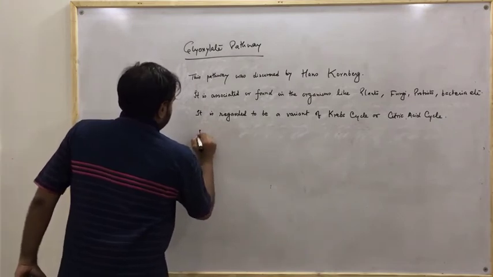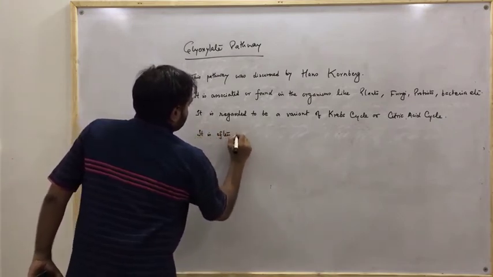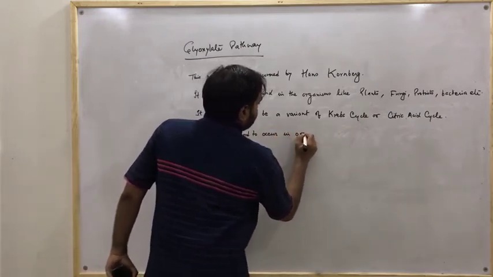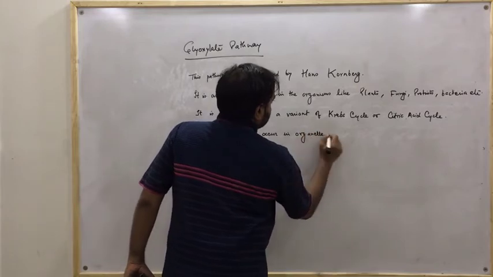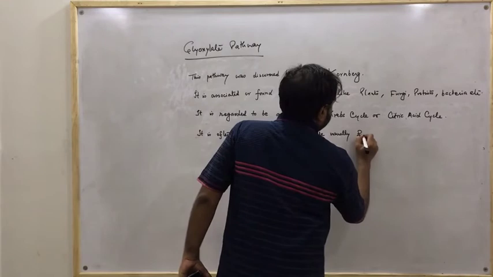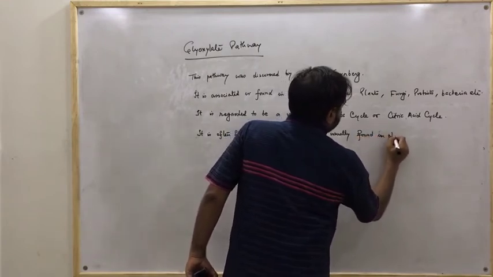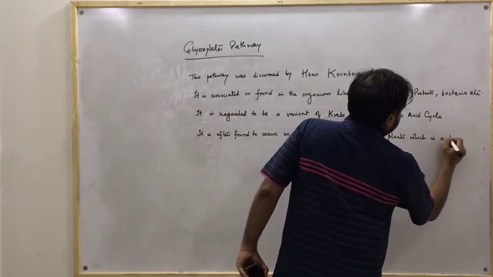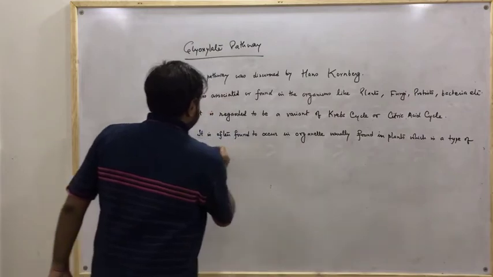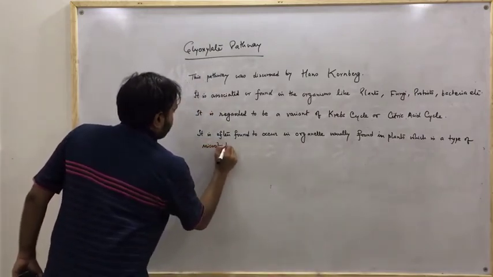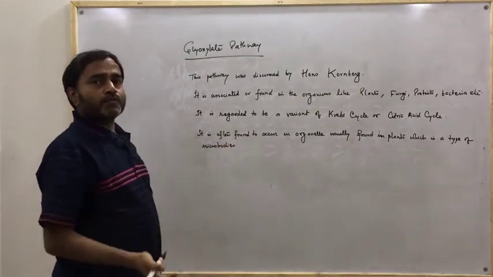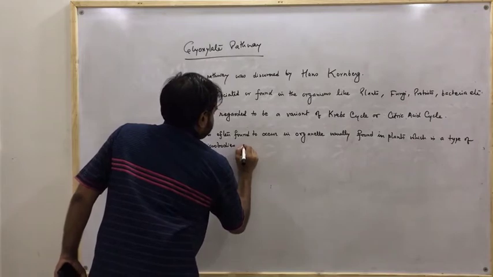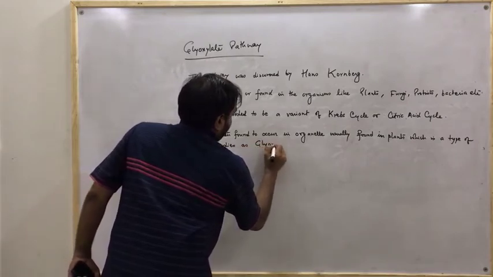So this is the glyoxysome, an organelle usually found in plants, which is a type of microbody. Peroxisomes and glyoxysomes are called microbodies.